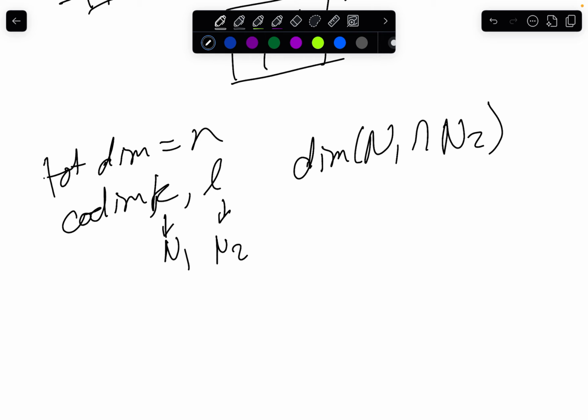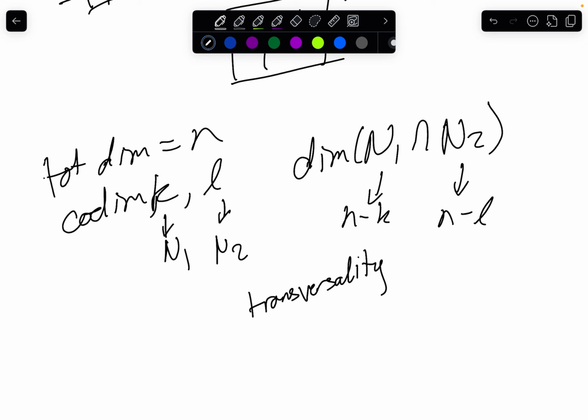Well, when they intersect, this is sort of a linear algebra problem, where here you have something of dimension n minus k, and here you have something of dimension n minus l. And there's this condition of transversality, which I guess I won't go over too carefully. But the idea is basically, if you look on a small scale, the two tangent planes are as separated as possible.